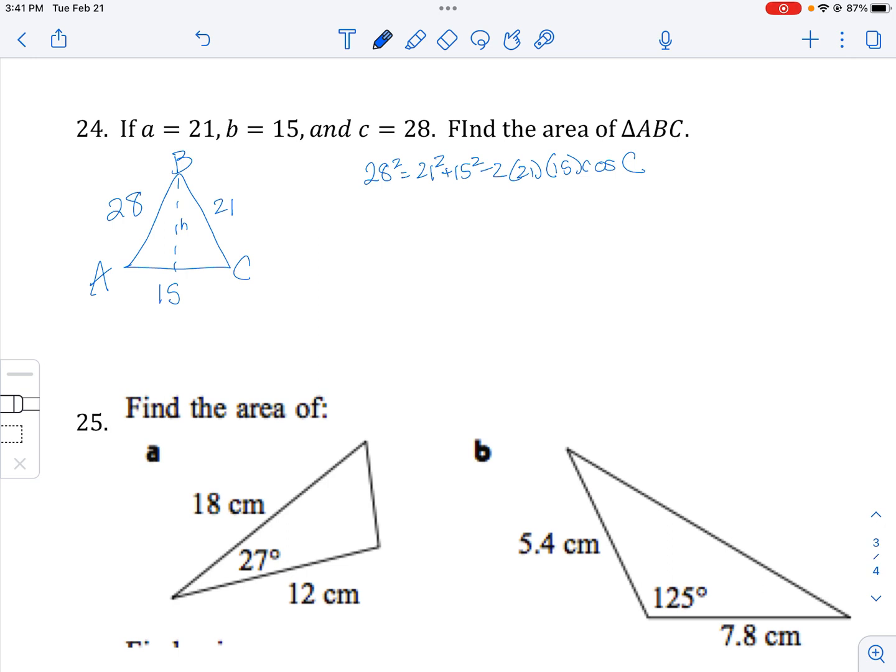Let's see. So 28 squared, 784 equals, let's see, what is 21 squared? 21 squared.